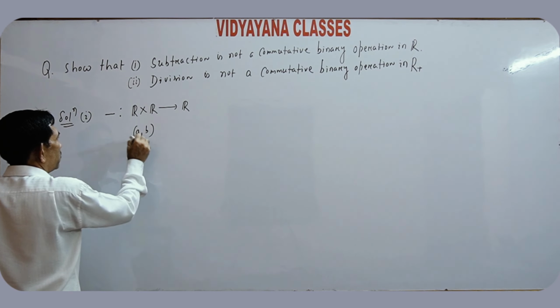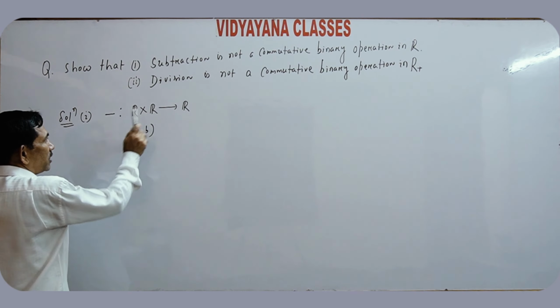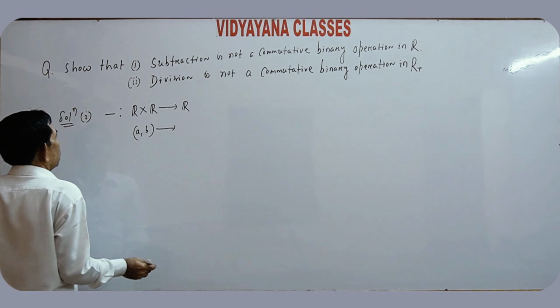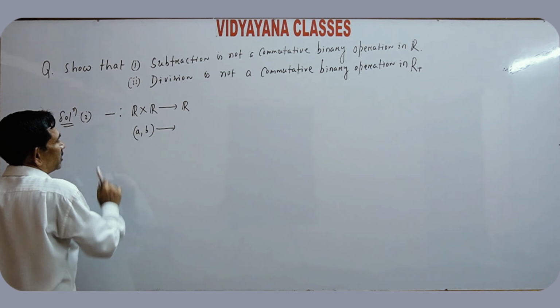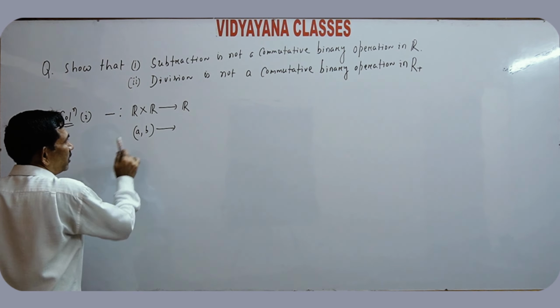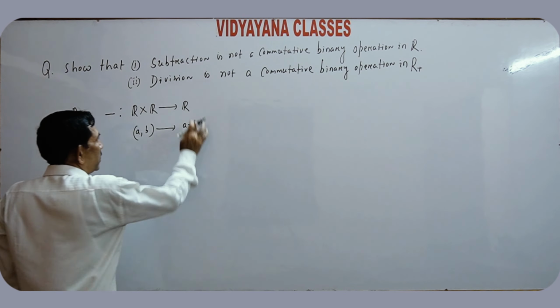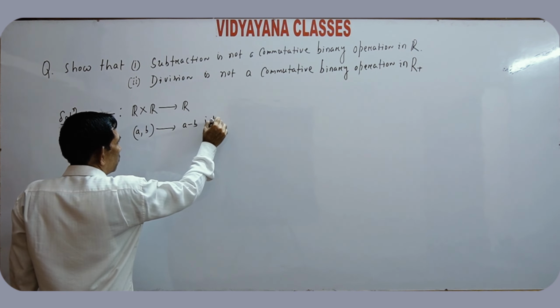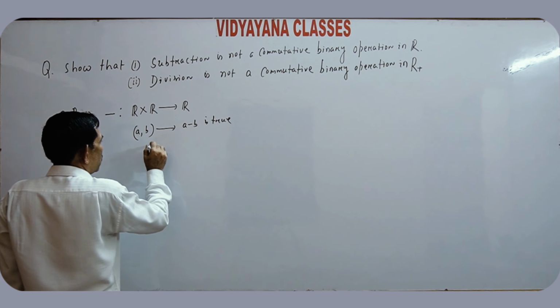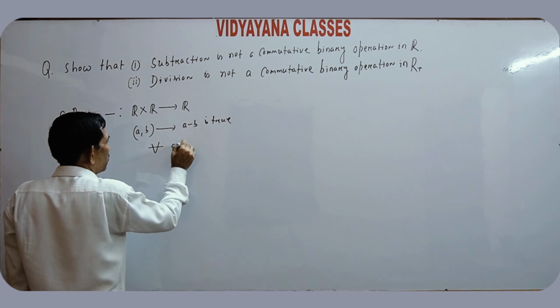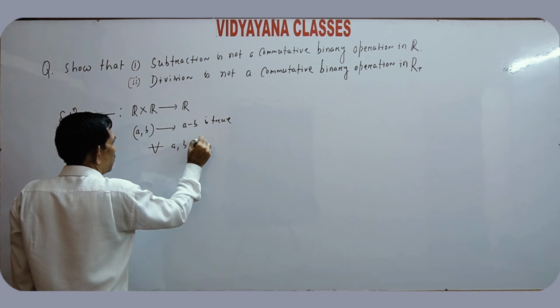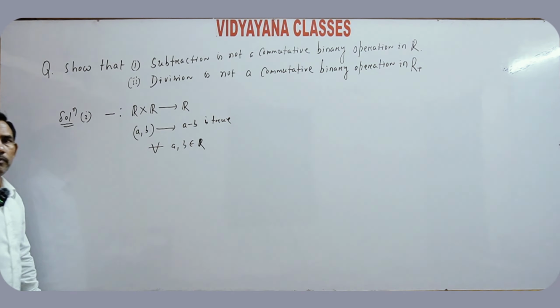An ordered pair (a, b) belongs to R cross R. The minus sign operates on the ordered pair (a, b) and gives a minus b in R. This is true for all a, b belonging to the set of real numbers.